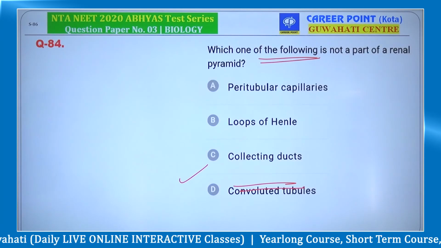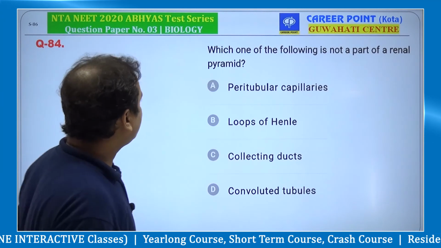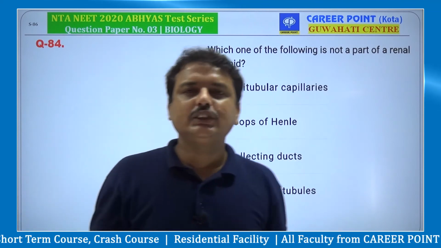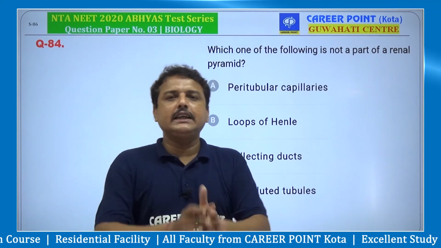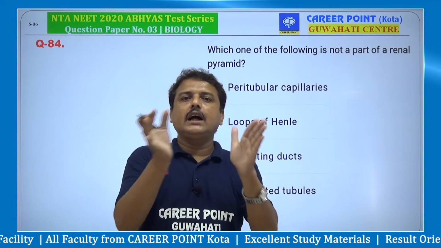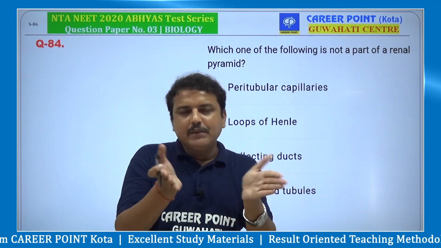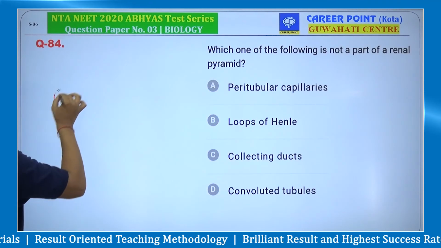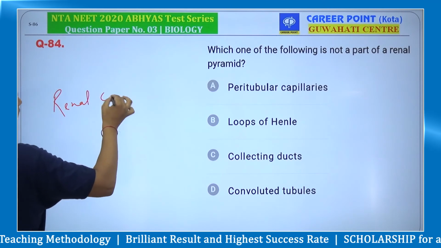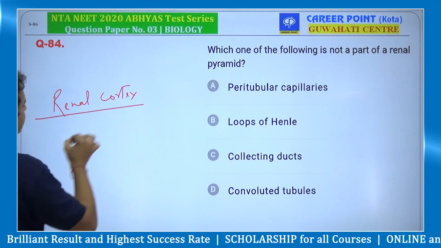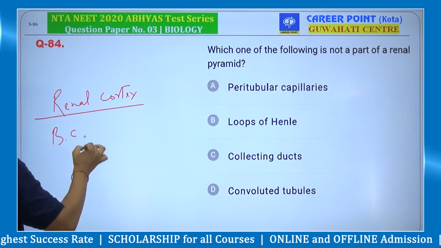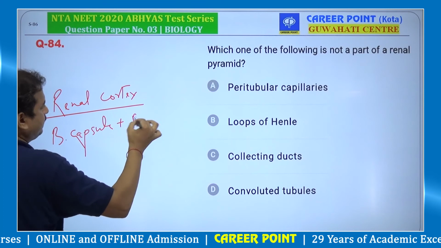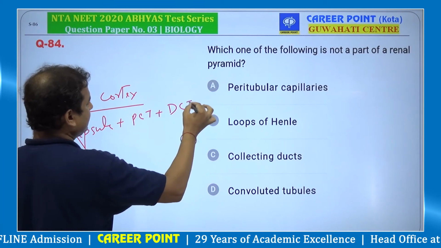Next, which one of the following is not a part of the renal pyramid? The renal pyramid is present in the medullary region of the kidney, which has two parts, cortex and medulla. In the medullary region, the renal pyramid-like structure is present. We should know that the renal cortex contains Bowman's capsule plus PCT plus DCT.